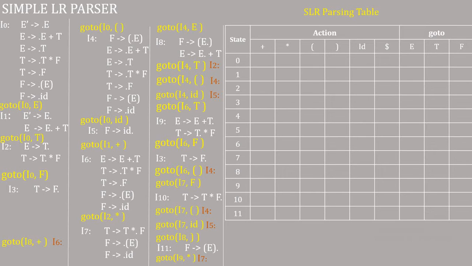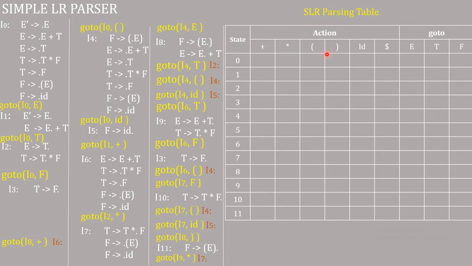In the canonical LR0 collection, we started from I0 till we got I11, so we got 12 states, right? Those item sets are considered as states and are represented as rows.